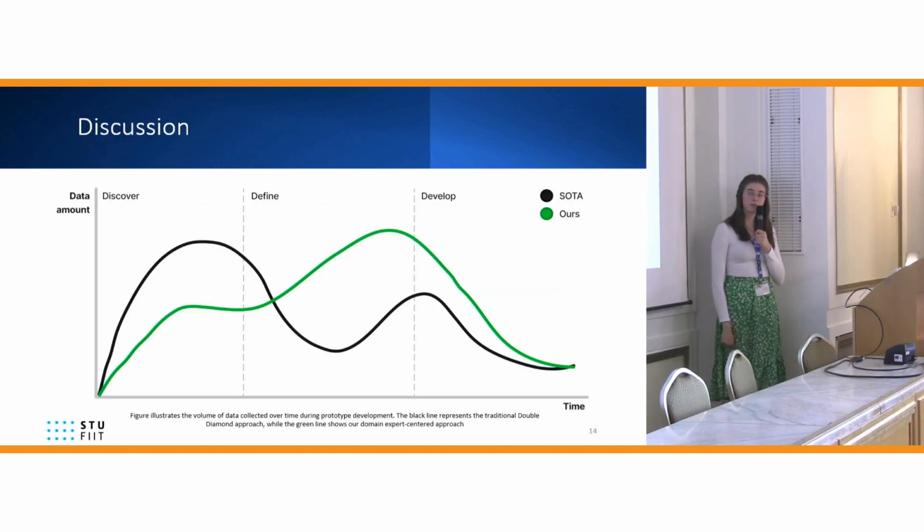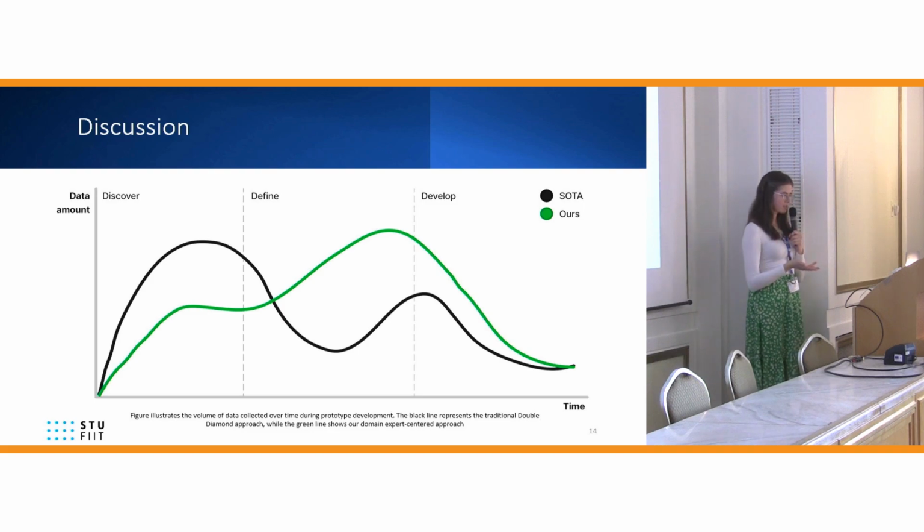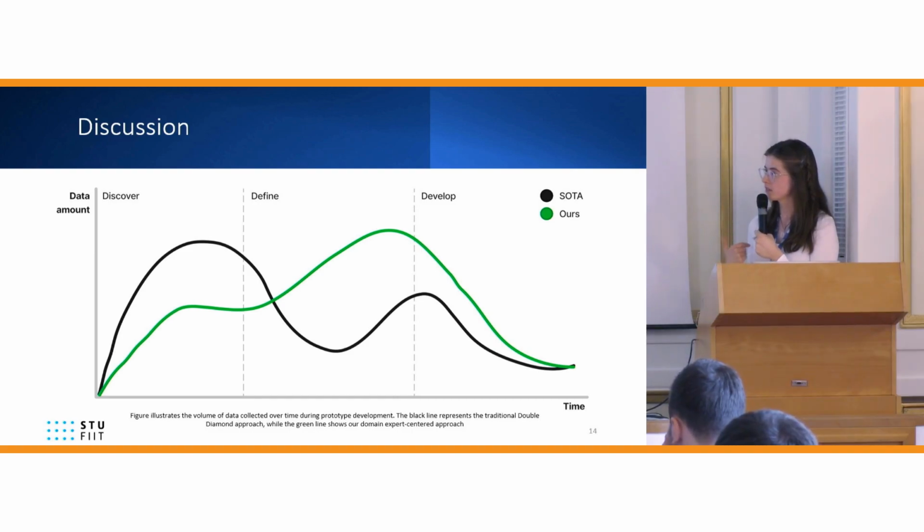Another interesting fact we observed during development of the system is that in the traditional approach, there's a large accumulation of data during the discover phase, as is illustrated in the figure, and the second smaller peak is in the develop phase, as the users have the designs in front of them and they can use it.